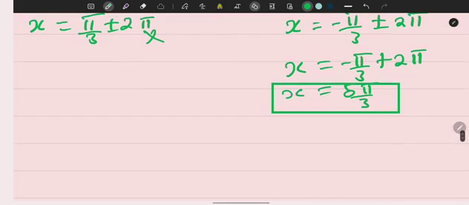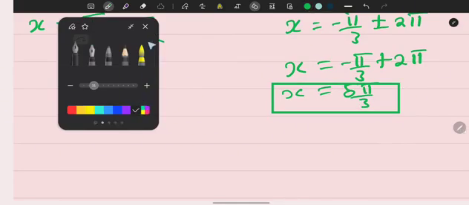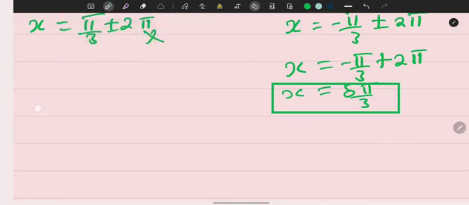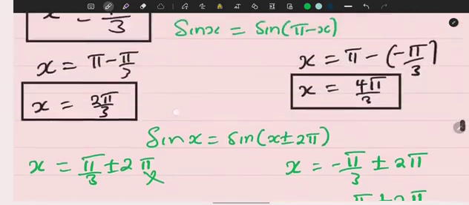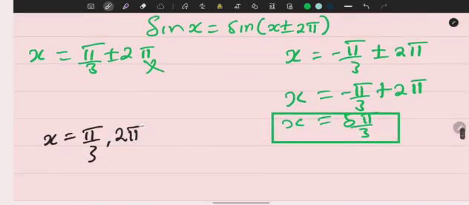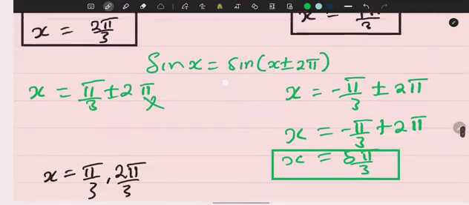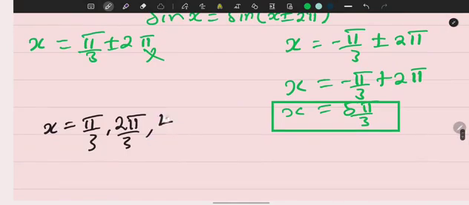So let's write the actual values of x out. So we obtain x to be pi over 3, 2 pi over 3, sorry. Okay, x equals pi over 3. Which other value do we obtain? 2 pi over 3. Okay, and what do we have again? We have 4 pi over 3, and the last one is 5 pi over 3.